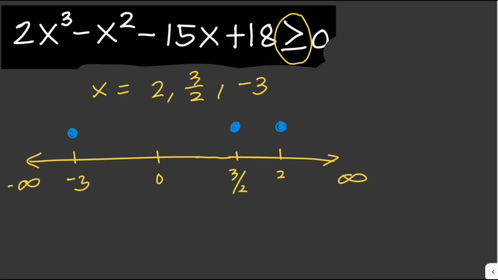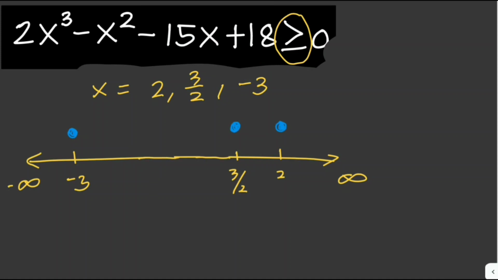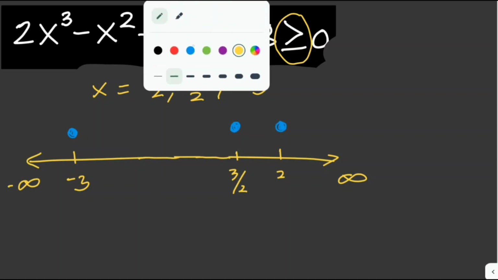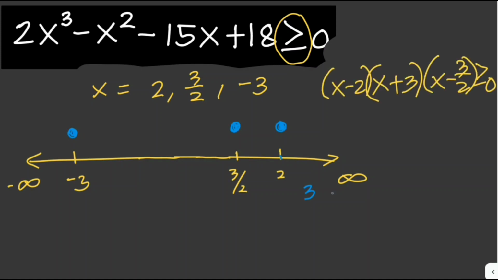Now let's test points. So we have 1, 2, 3, 4 regions here. So let's test one point between 2 and positive infinity. Let's say 3. So let's plug in the points here. So when x is 3, this would be positive. 3 minus 1.5 is positive.